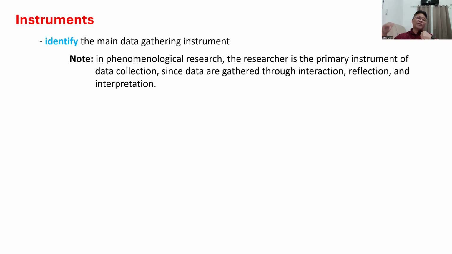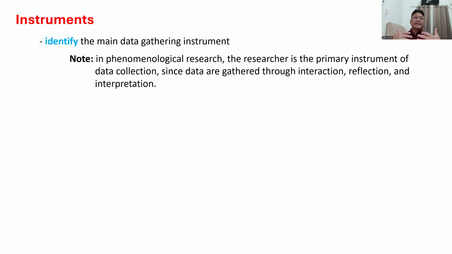Unlike in quantitative research, the primary instruments are questionnaires, tests, and surveys. We need to remember that normally there are no interviews in quantitative research, because the main goal of quantitative research is to measure the relationship between and among variables in the study. And data from interviews cannot be measured.